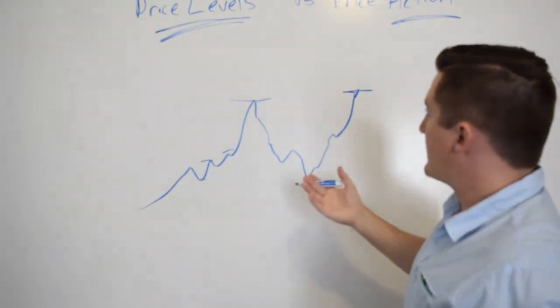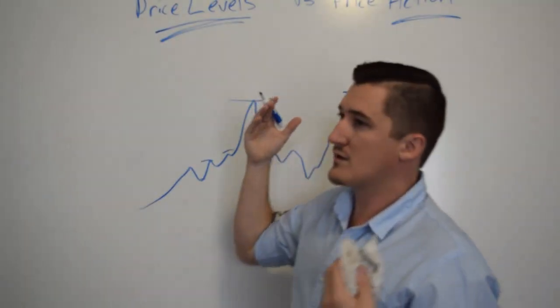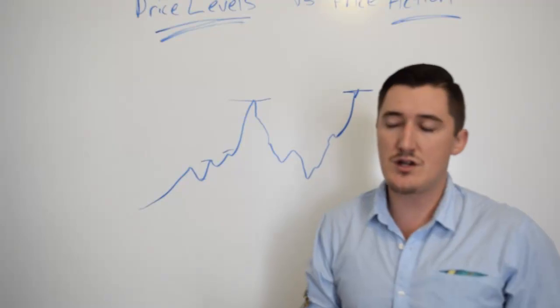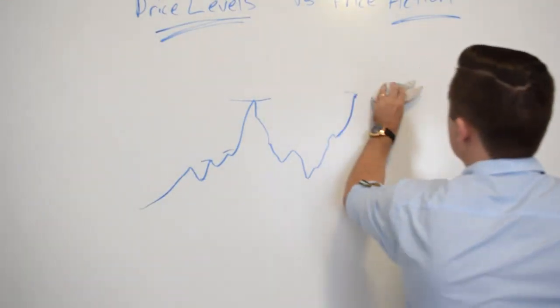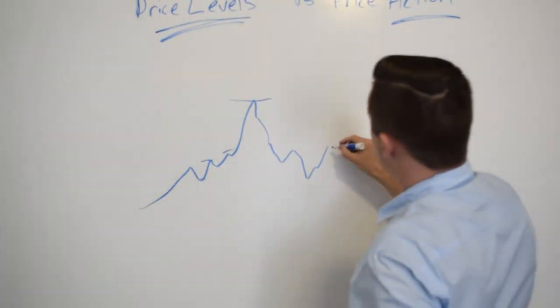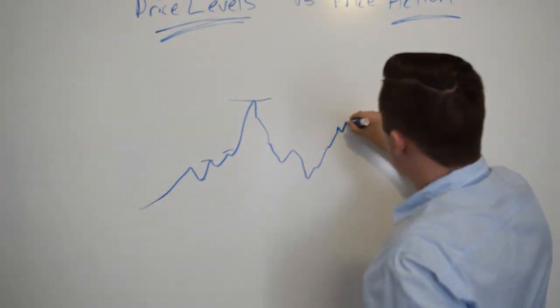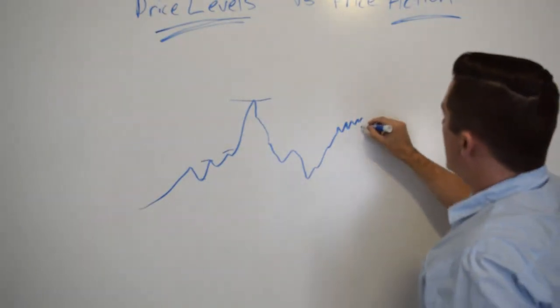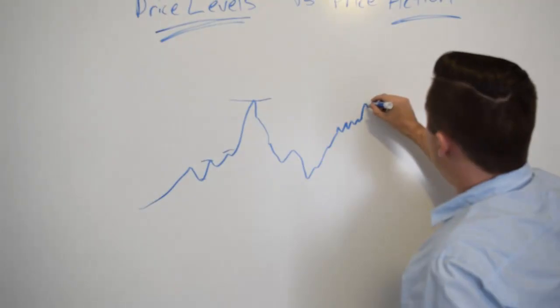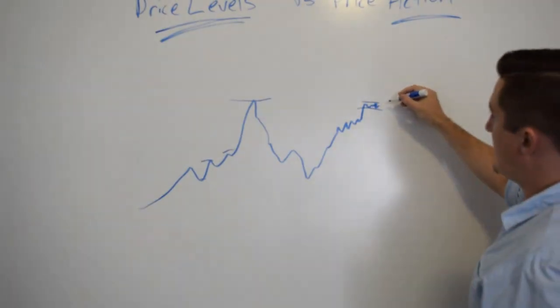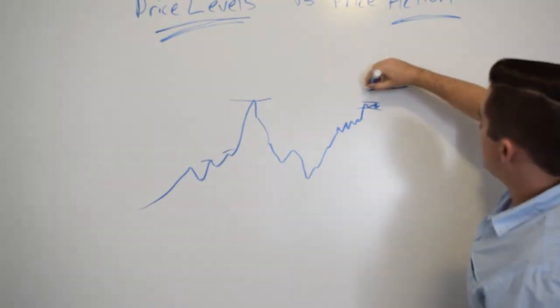That's the main difference between what a lot of typical traders do. Say the price comes up, ranges, maybe forms a bullish flag, and your resistance level is right here.